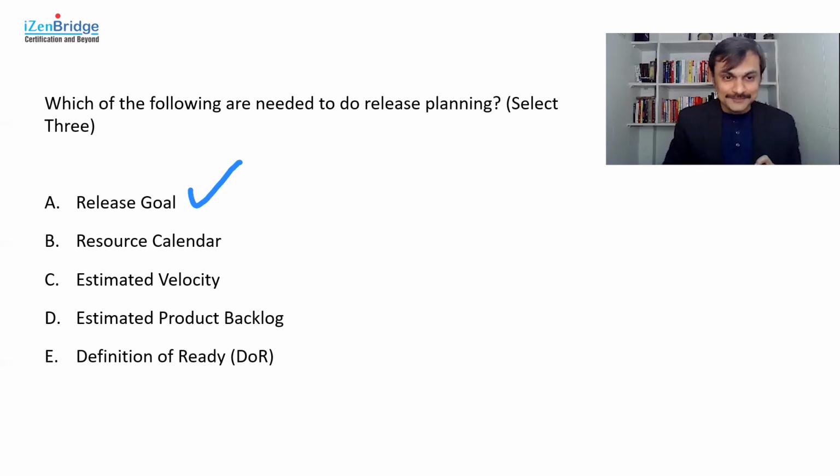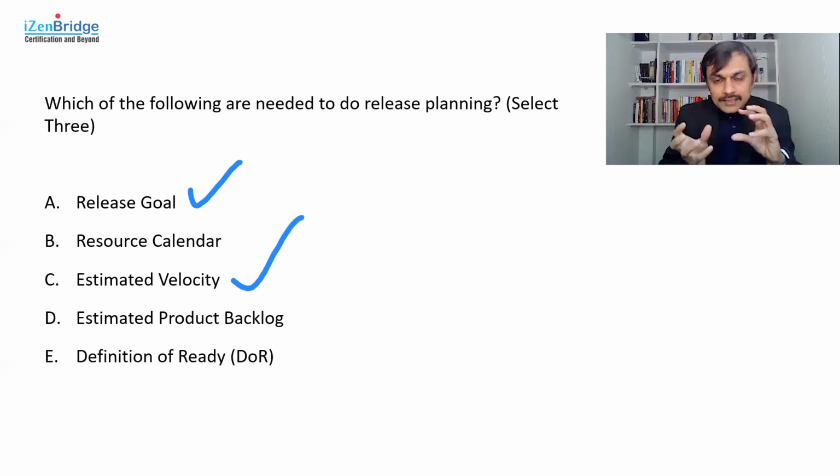Resource calendar. Now, in general, the agile way of planning is not individual-level planning. It is not about who is taking leave when, what is their loading for this whole duration, or which people are allocated for this much time. That is not needed. What is needed instead is estimated velocity.